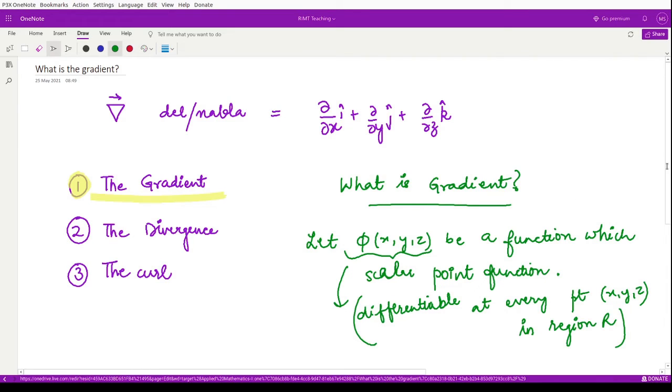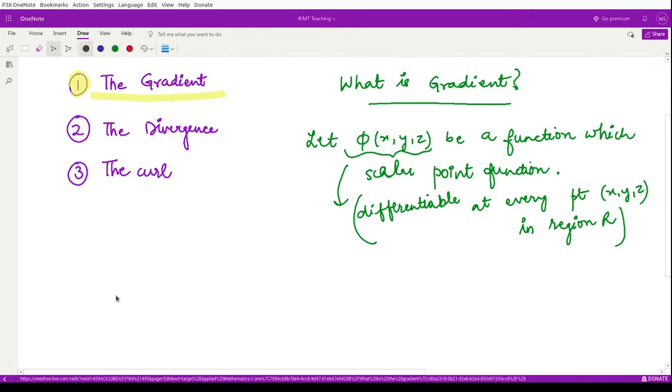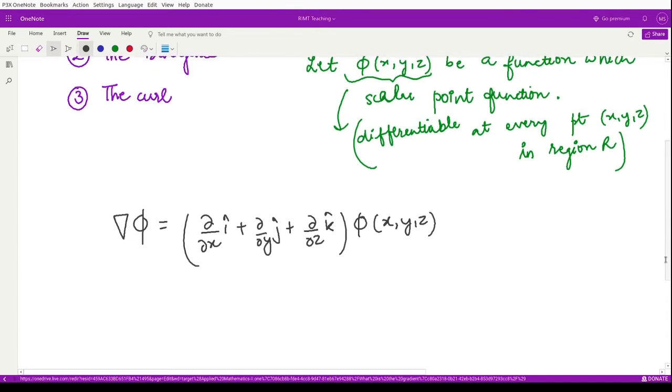And if this is a scalar point function, then we can define the quantity del of phi, which would be applying this del operator, del by del x i cap plus del by del y j cap plus del by del z k cap onto the function phi, which is a scalar point function. So when you solve this quantity, what do you obtain?